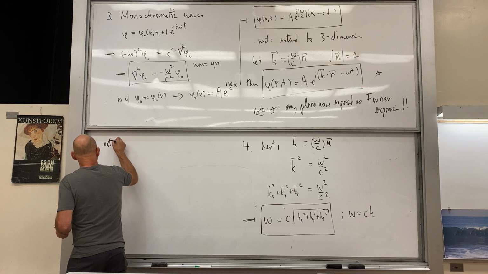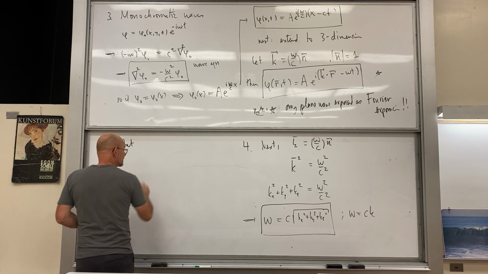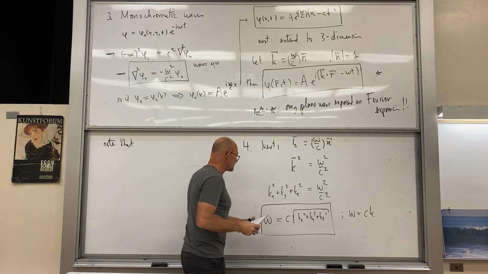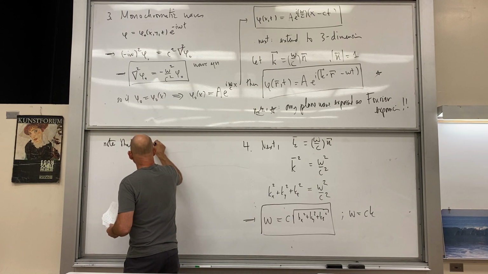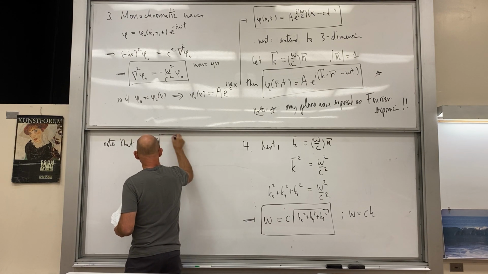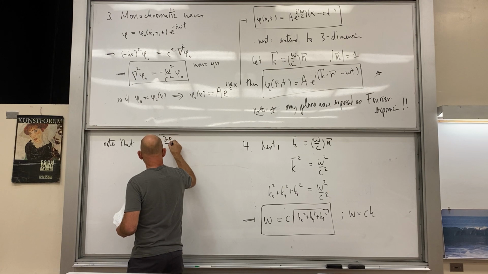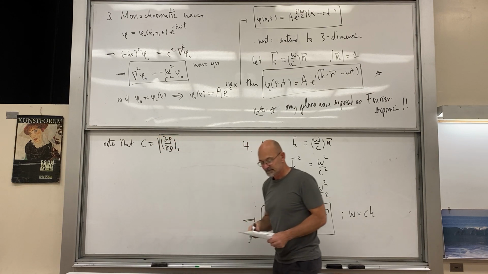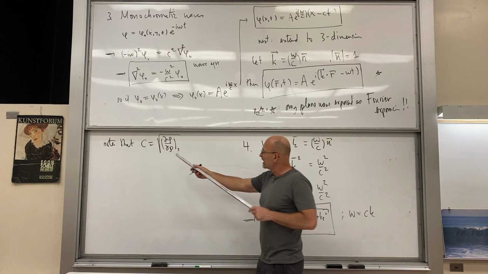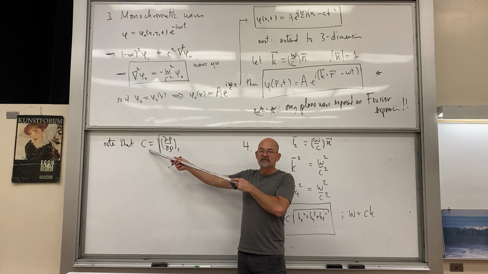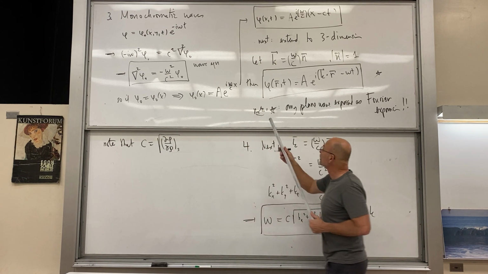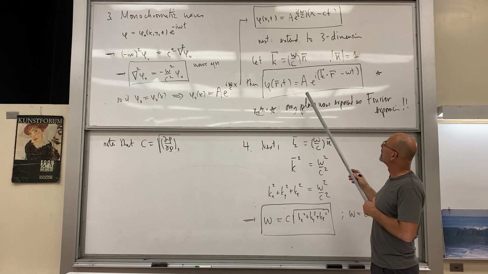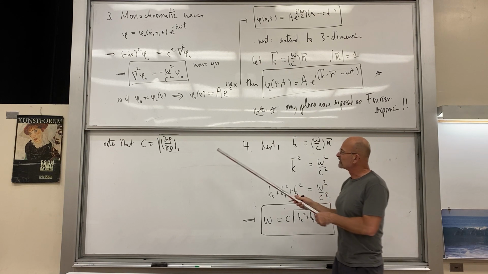And this c here, what is that? Well, c is equal to the root of dp d rho at constant entropy, and this can actually be seen to be a function of the position. So up until now we've just been treating it as a constant, and rightly so, but it's more than just a constant.